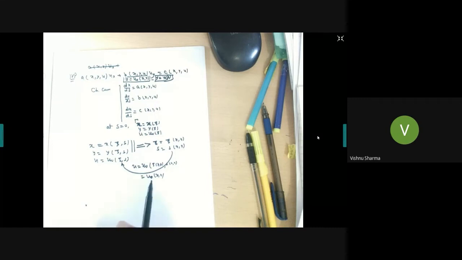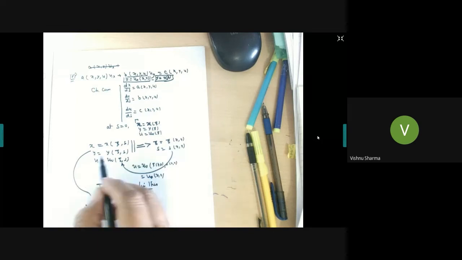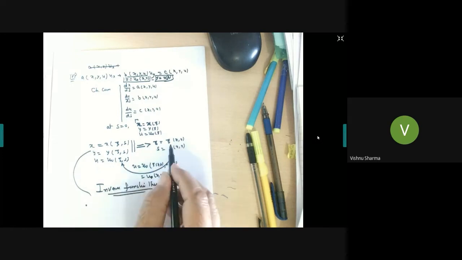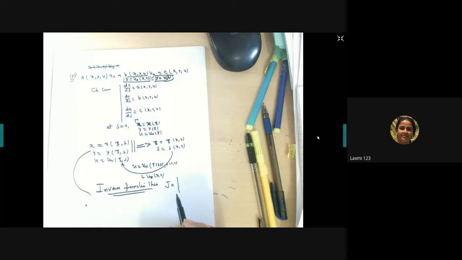This is the idea of the inverse function theorem: this inversion is possible only if the Jacobian of the transformation from x, y to xi, s is non-zero. Ultimately, we are solving this system of ODEs with given initial conditions on that parametric surface, and we need to find the new variables, xi and s.